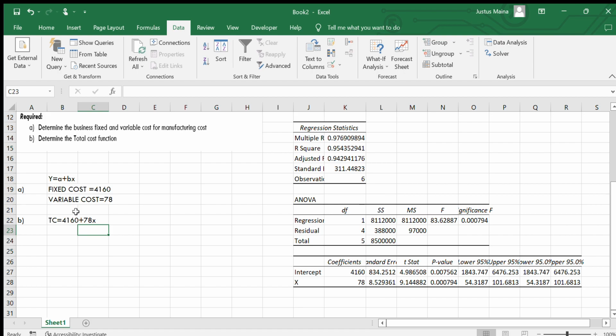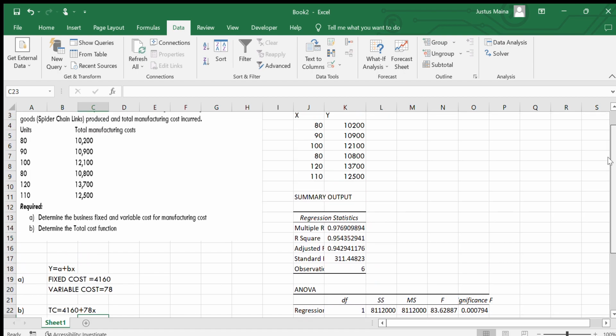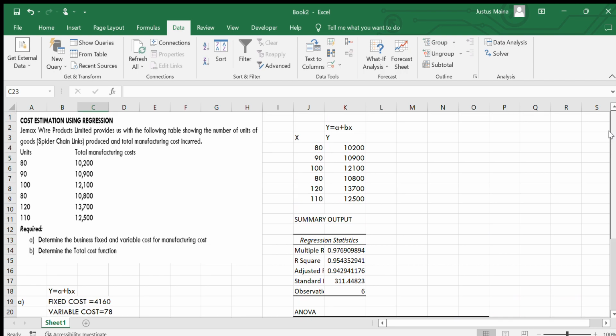So that is how we can have cost estimation using regression with our computers, as simple as that. So in your own time, do it manually, because it can be done in the manual way.